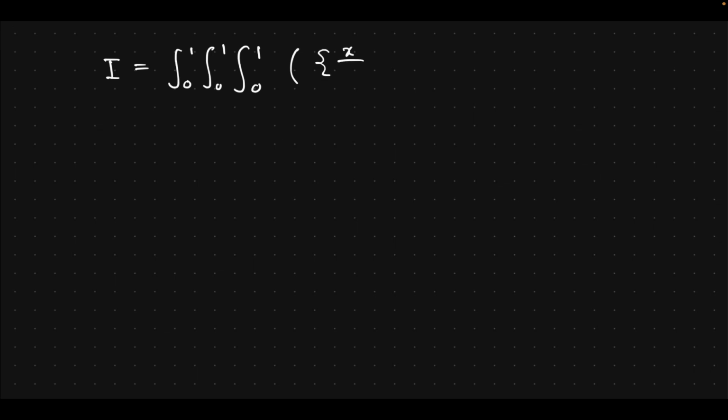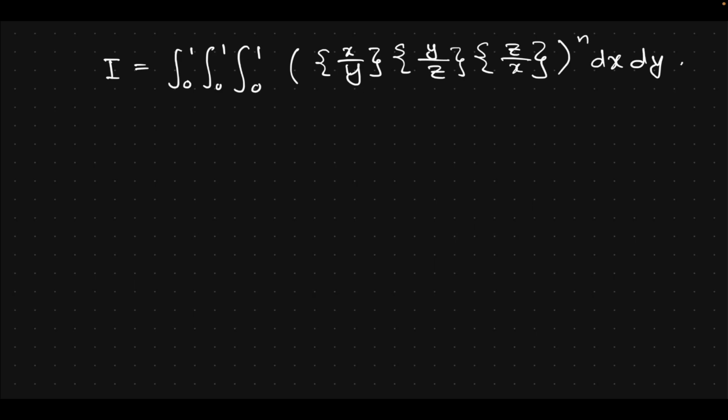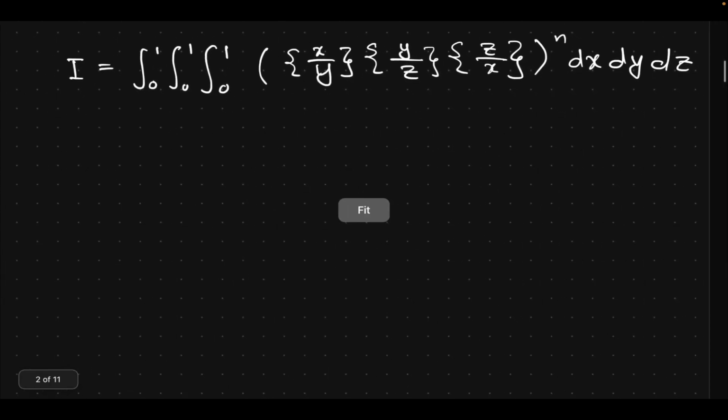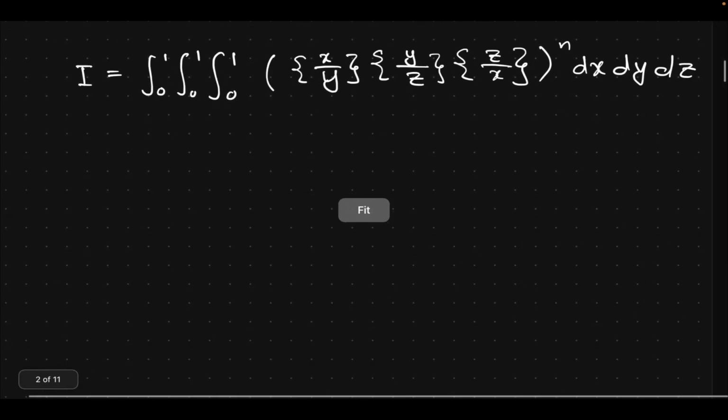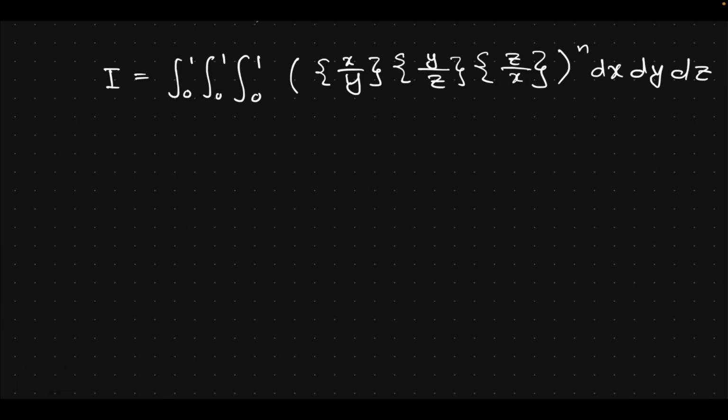It's the fractional part of x to the y, x over y, same with y over z, same with z over x, raised to n, dx dy dz.